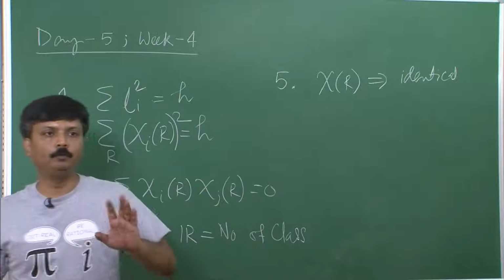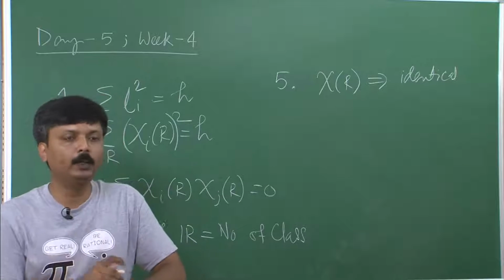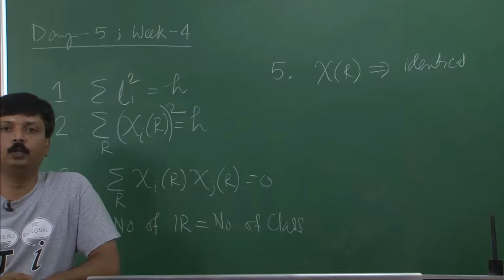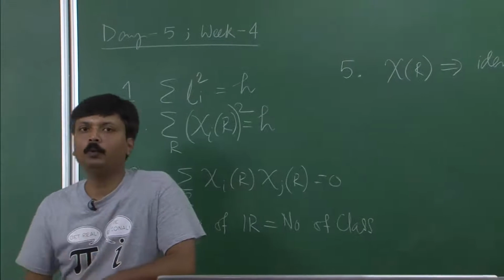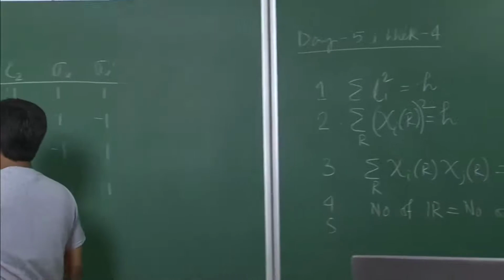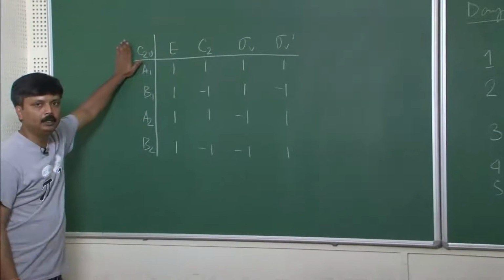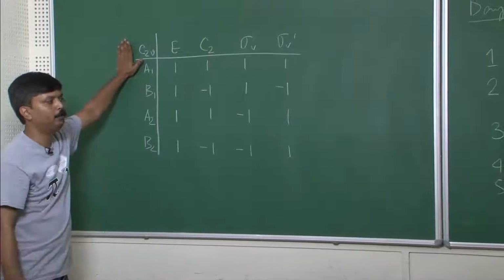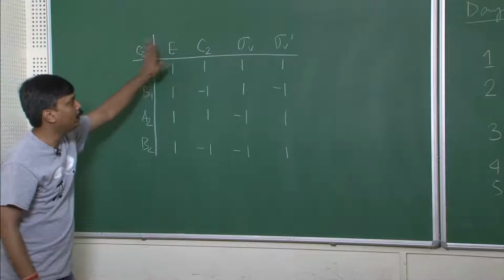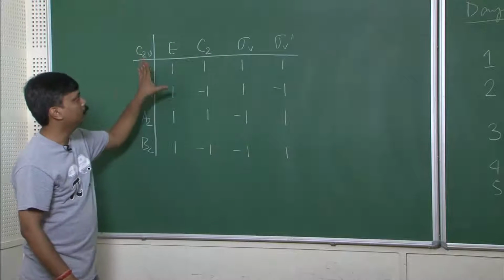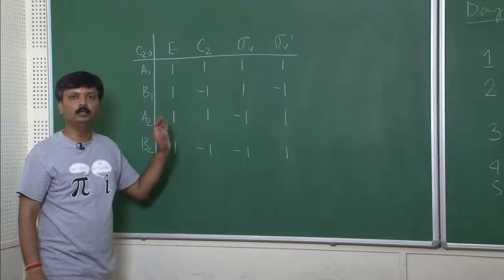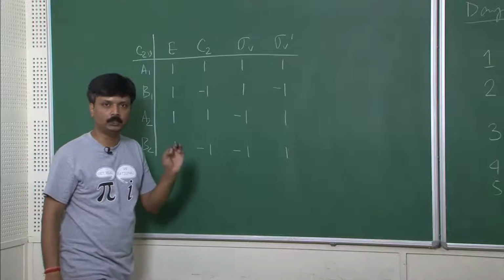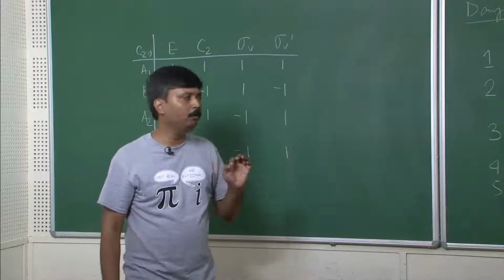After getting these 5 rules, we took the example of the point group C2V to illustrate them. Using those 5 rules, we could form the character table for the point group C2V, and this character table contained all the irreducible representations that are possible for C2V.